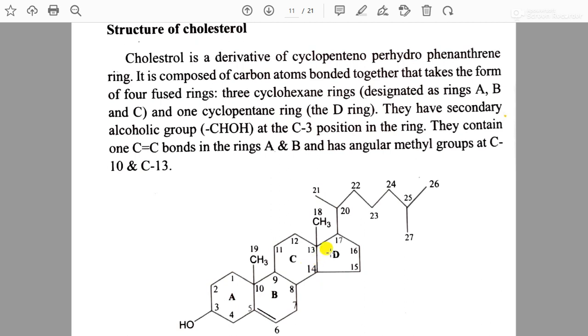And since there is a cyclopentano group attached to this perhydrophenanthrene ring, we call it the cyclopentanoperhydrophenanthrene ring. It is composed of carbon atoms bonded together that take the form of 4 fused rings, that is 3 cyclohexane rings designated as rings A, B and C, and 1 cyclopentane ring designated as D ring.